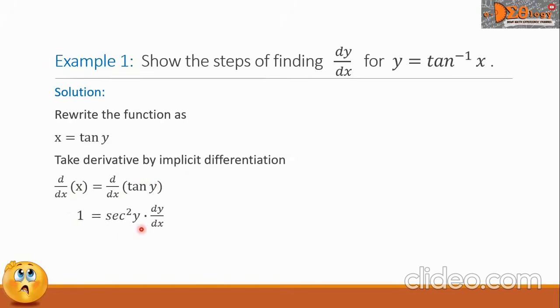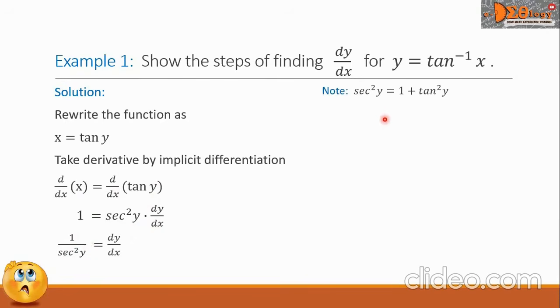We want the value for dy over dx. Let us divide this equation by the coefficient of dy over dx, that is secant squared y. So the value of dy over dx now becomes 1 all over secant squared y.